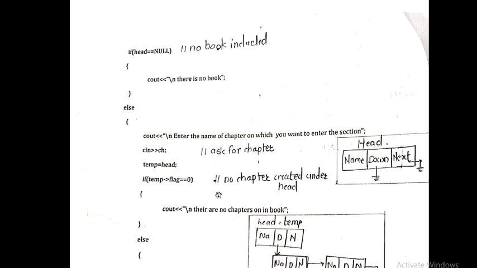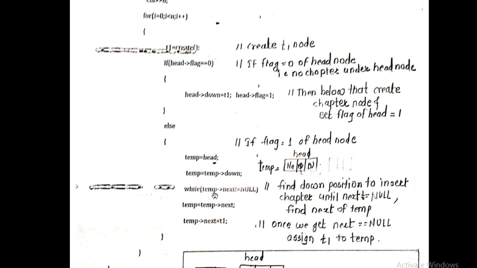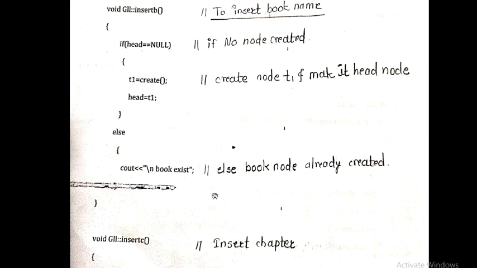So we go into the else part, where we check that the flag is already set to 1. If flag of that head node is equal to 1, then we execute this else part.